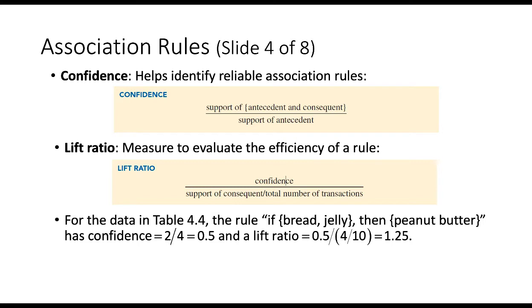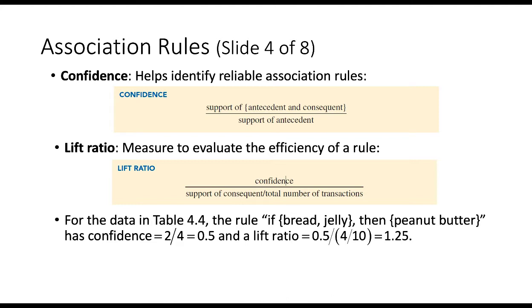of the consequent. Remember that confidence, the numerator of the lift ratio, can be thought of as the probability of the consequent item set given that the antecedent item set occurs. The denominator of the lift ratio is the probability of a randomly selected transaction containing the consequent set.